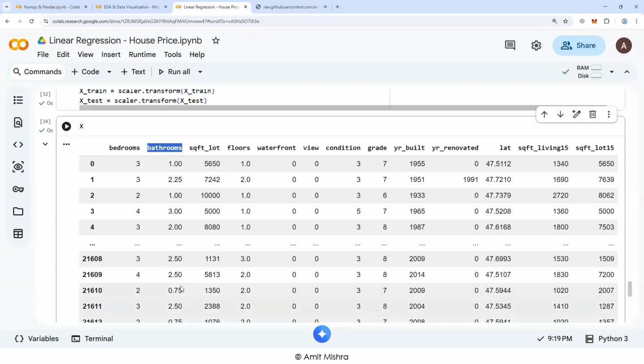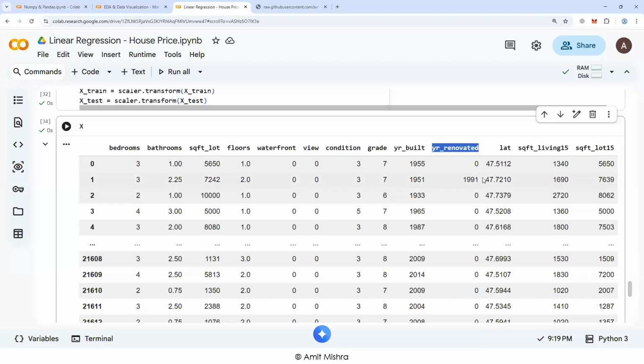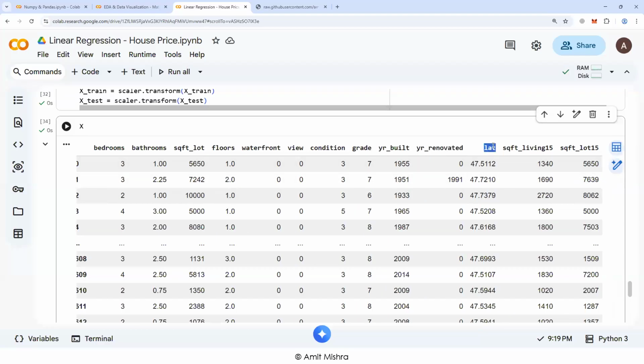Bathroom, again units and floating values. Square foot lot area goes from a few hundred to even 10,000. Floors, waterfront, view and condition are again units, year built is in the 1000s, year renovated is 0 and 1000s, and latitude is in the tens.